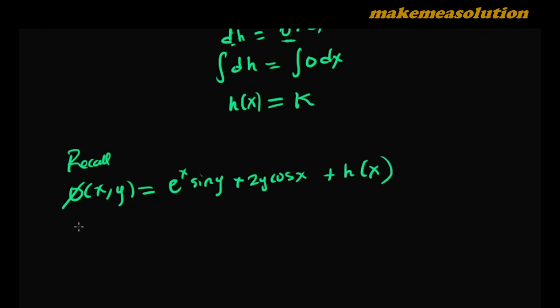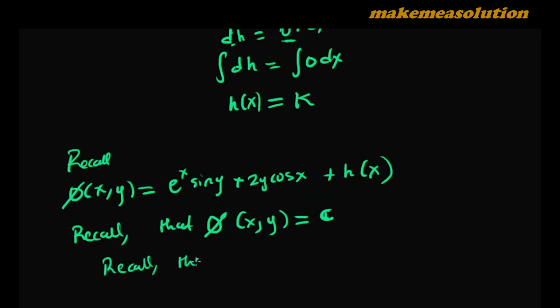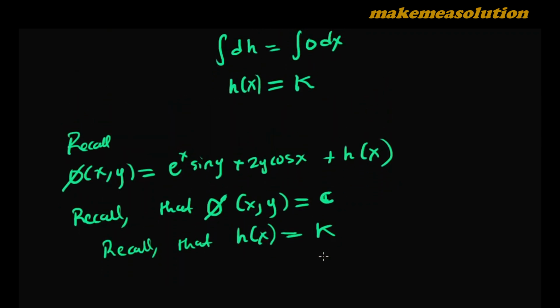Now you also have to recall that this phi of x comma y is equal to an arbitrary constant. Are we together? So thirdly, you have to recall that h of x is equal to k. So 3 recalling at once. So these are the 3 major things.